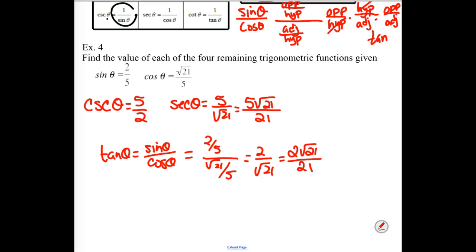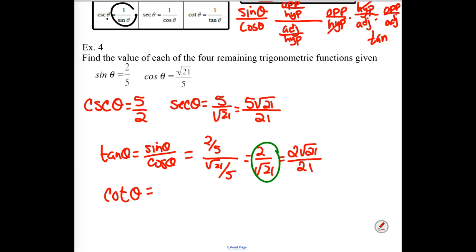What's the last trig function that we have to find? Cotangent. All right, cotangent is the reciprocal of tangent. You're better off going back to the unrationalized version and flipping it over. Because when we flip it over, now our square root piece is in the numerator, and there's nothing to rationalize.